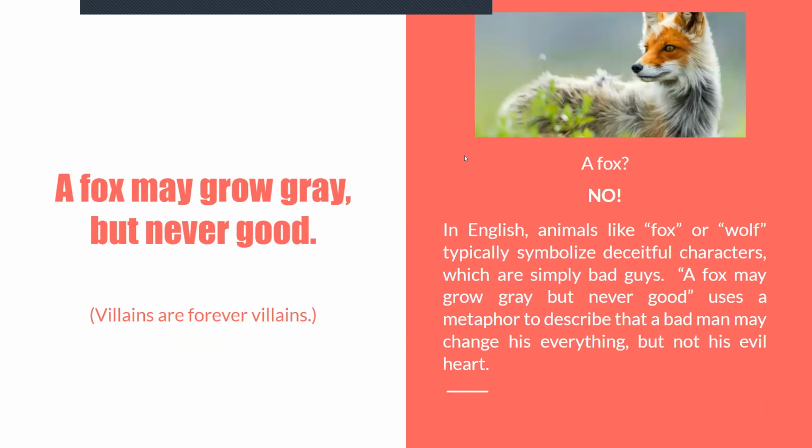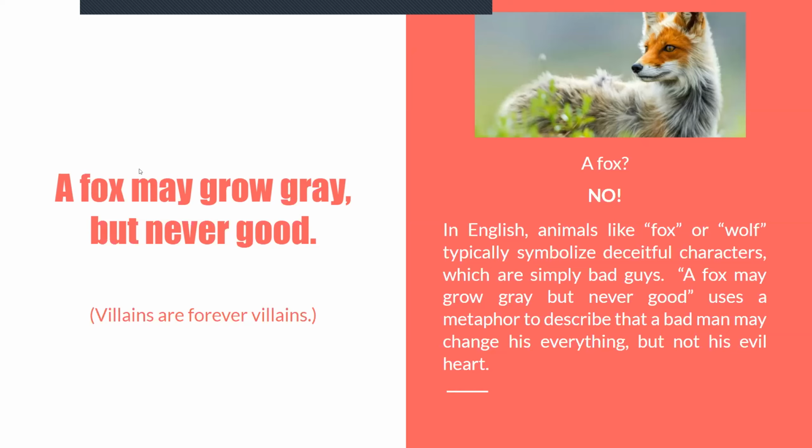So the next one is a fox may grow gray but never good. It simply means villains are always villains. When you first hear this idiom, you may think about this fox. A fox is always orange or sort of red or brown, but it can grow gray in some species of fox.